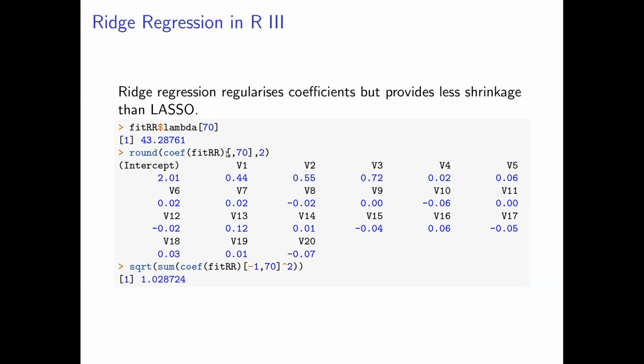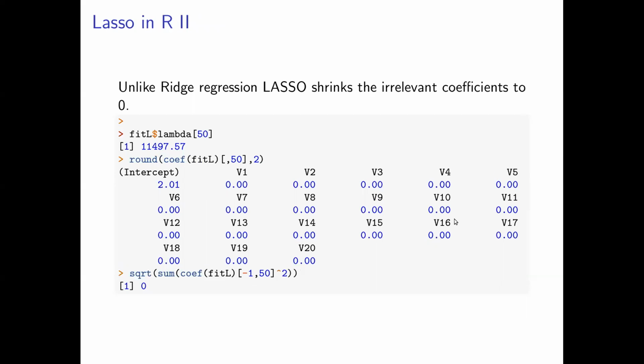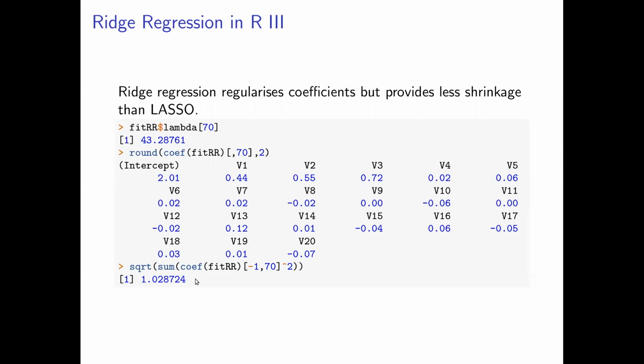This is another coefficient. We now have a lambda of 43.287. And for this one, we see that almost all the coefficients are not exactly 0. And their sum of squared values is also 1 point something, so it's away from 0.